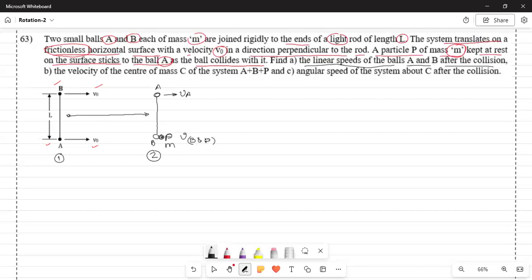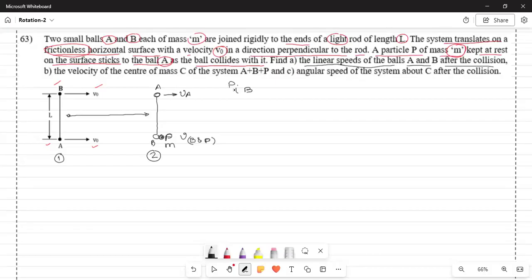What is the initial momentum of the point B? We write it this way: P for momentum, I for initial, and B for the B ball. I think you understand the designations.